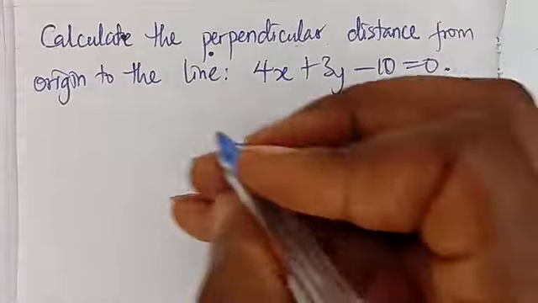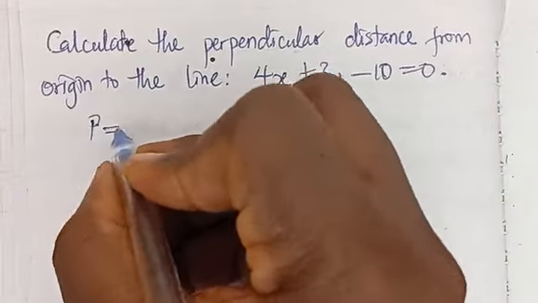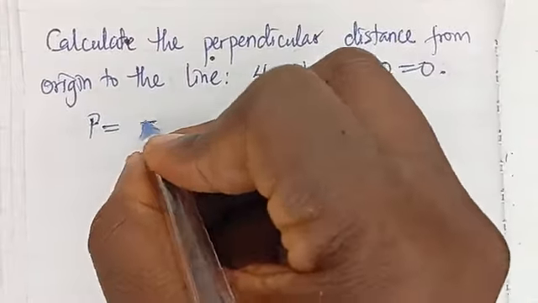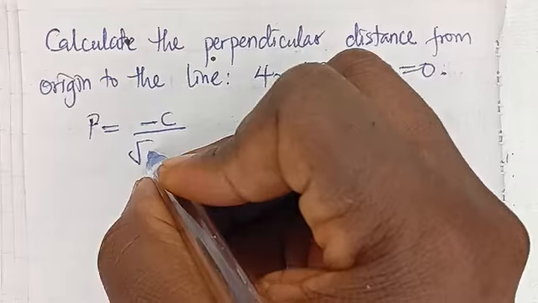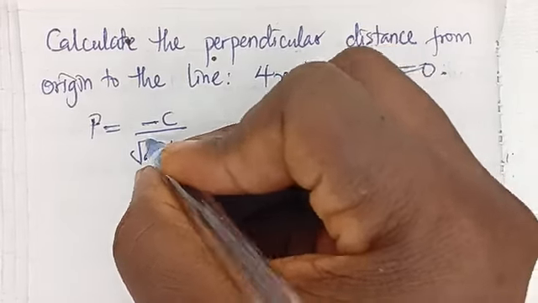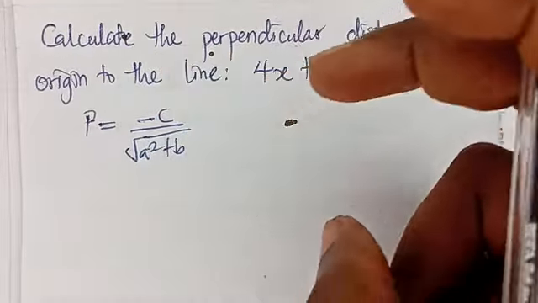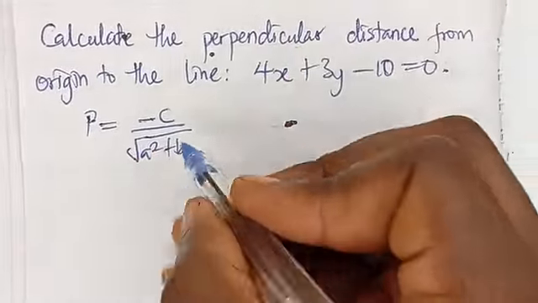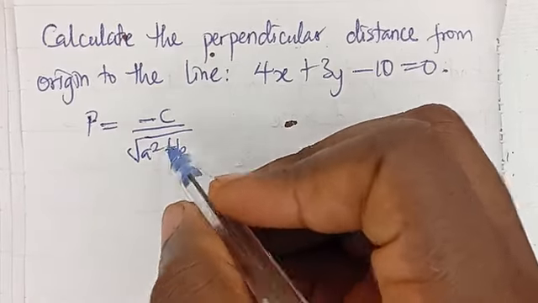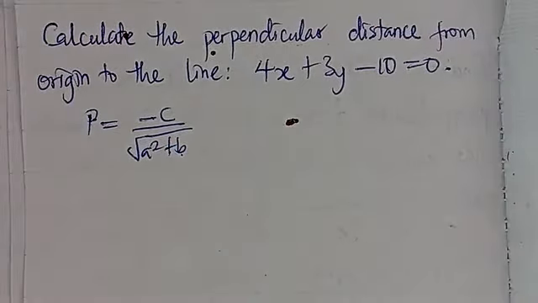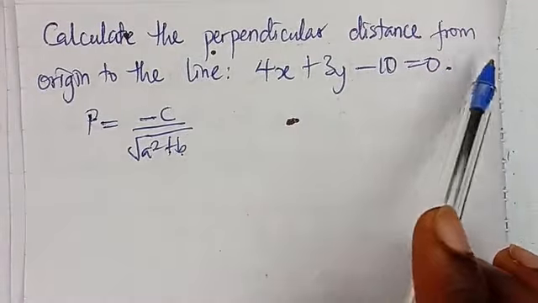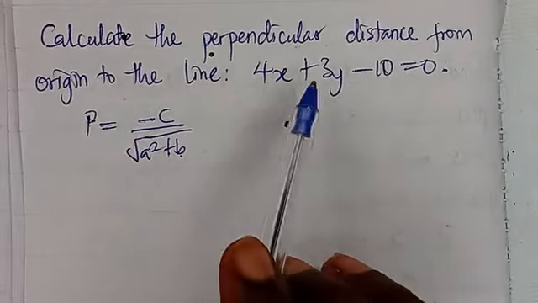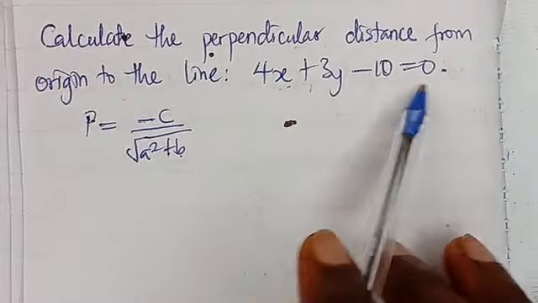At the beginning of this video, we noticed that there is this formula that we wrote, that the perpendicular distance from a line to the origin is equal to this. So now this example begs us to make use of that formula. Calculate the perpendicular distance from the origin to this line that has this equation.